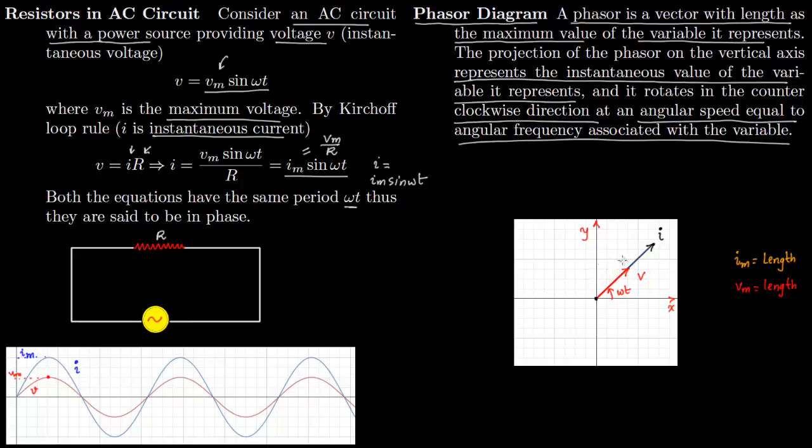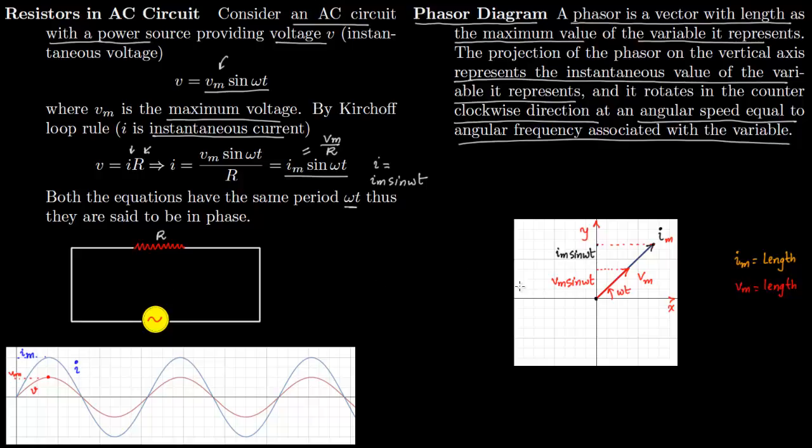So the projection on the vertical axis would be V of M sine of omega t, since this length is V of M. And similarly this I vector has length I of M, and its projection on the vertical axis is I of M sine of omega t.